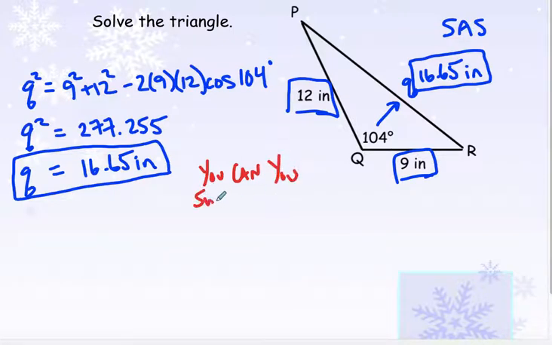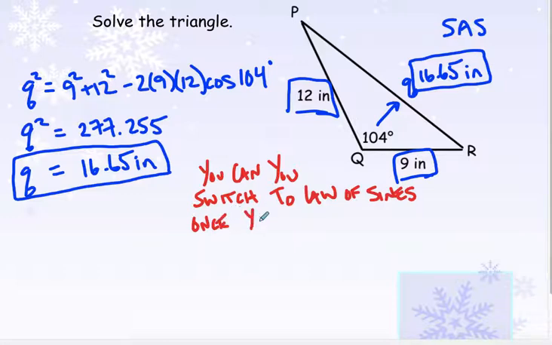You can switch to law of sines once you know the largest angle. And in this example, 104 has to be the largest angle in this triangle, because I can never have more than one obtuse angle in a triangle. This is obtuse, so there's only one. So I can now use law of sines if I want.